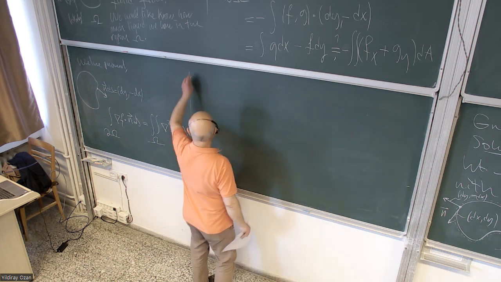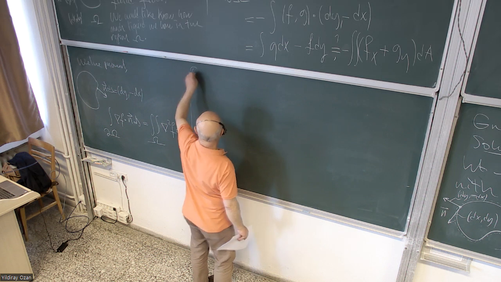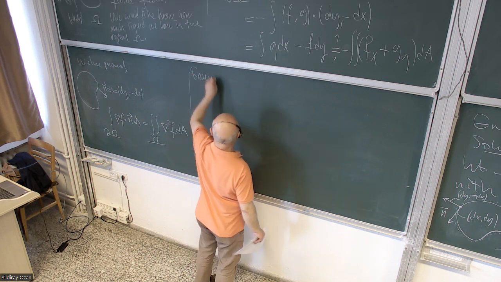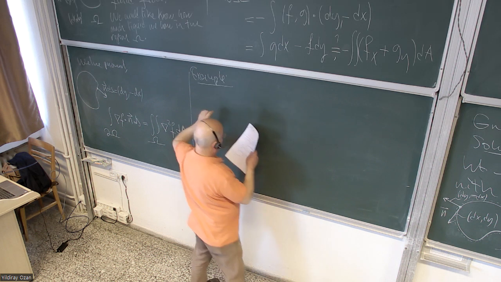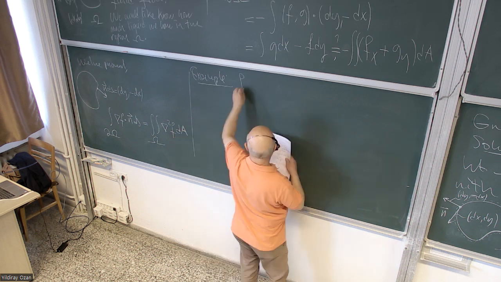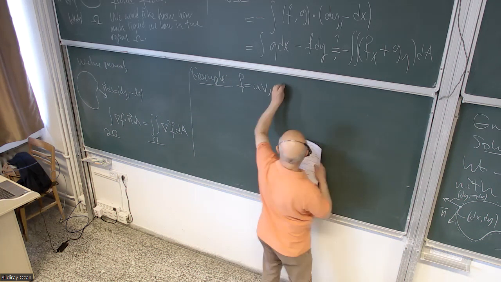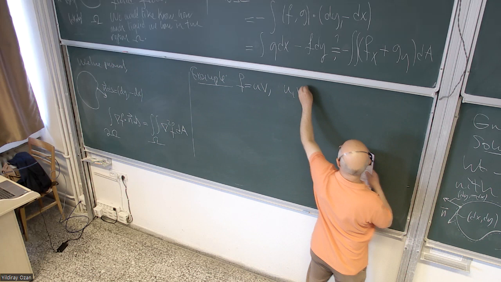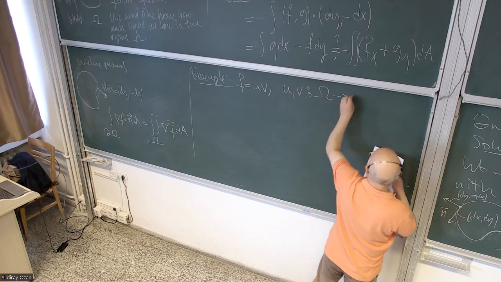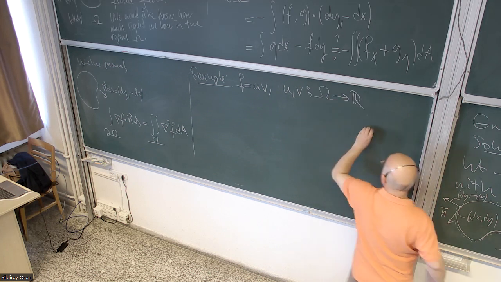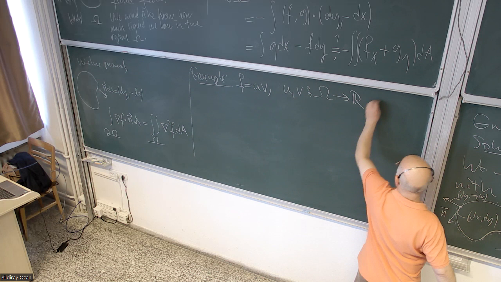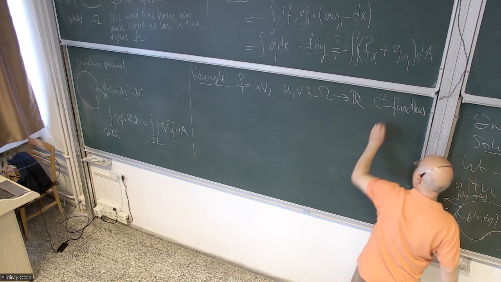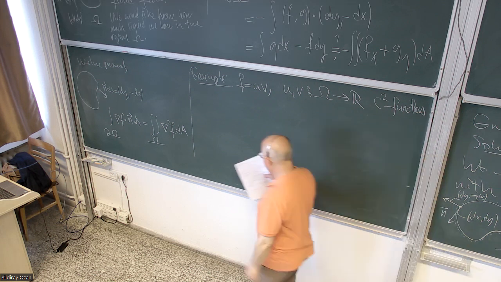Now, as an application of this example, let's take f to be u times v, where both u and v are some functions. Okay, C2 functions, so twice differentiable functions on the region omega.